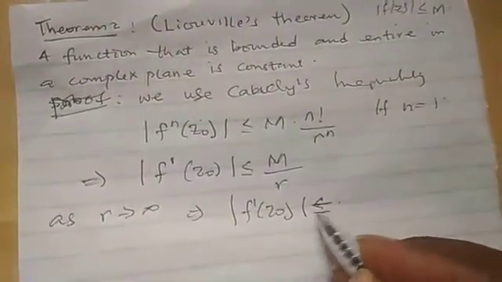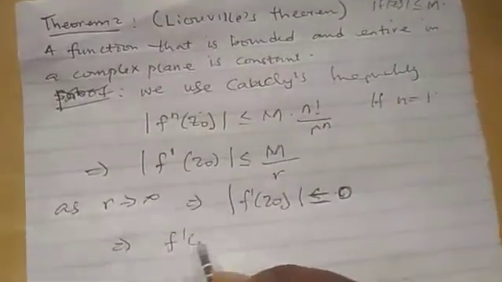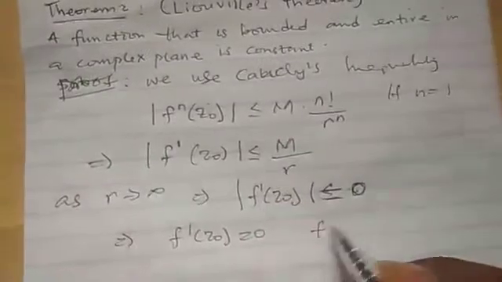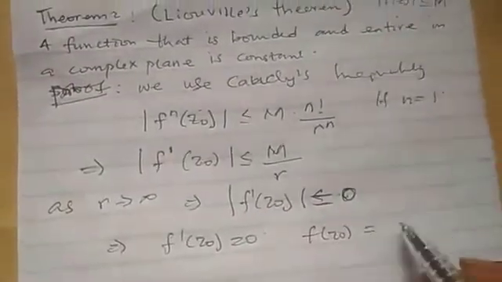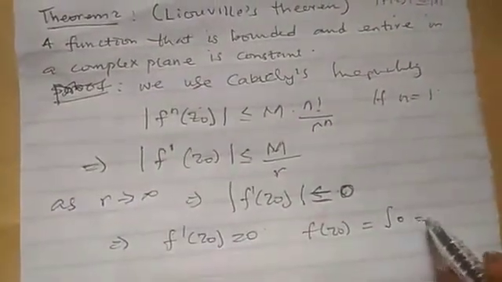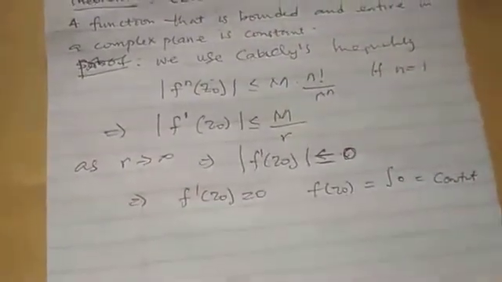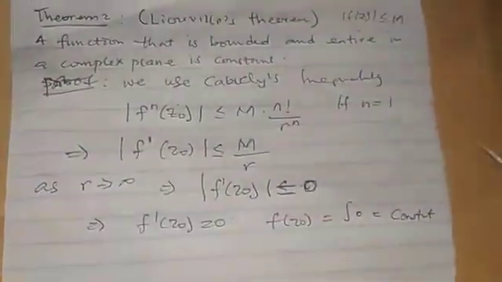So we can say it's less than 0. An absolute value cannot be less than 0, so we say that it is equal to 0. This simply means that f′(z₀) is equal to 0. And if we integrate both sides, f(z₀) will be equal to the integral of 0, which is simply a constant. So that completes the proof of Liouville's theorem.